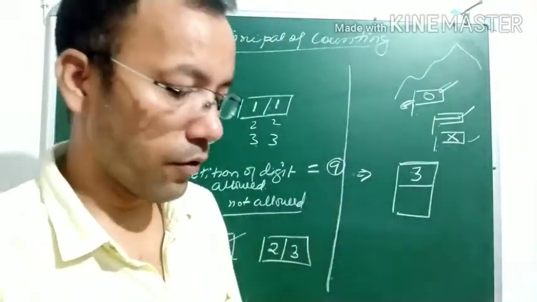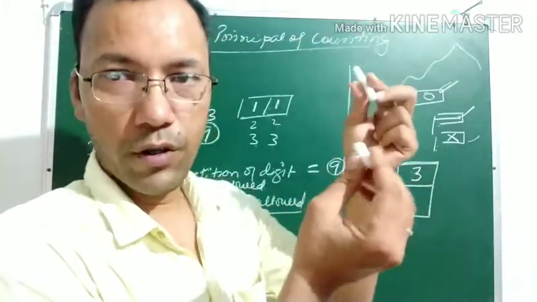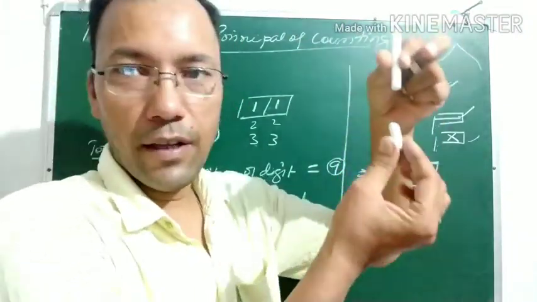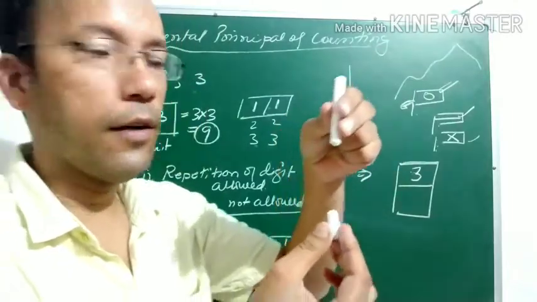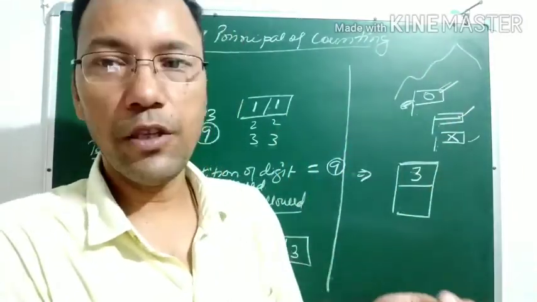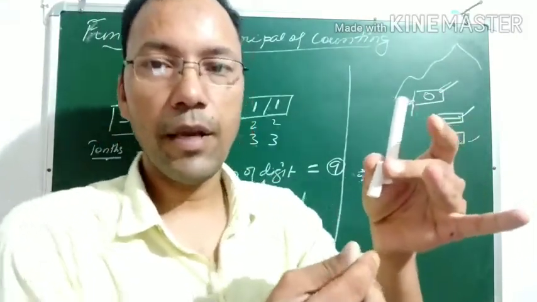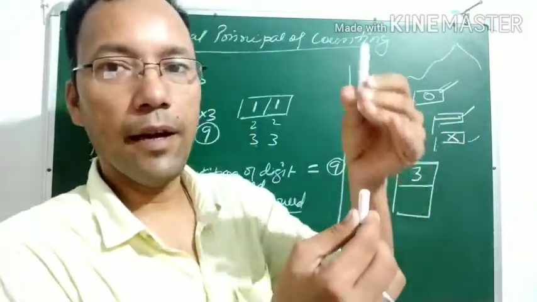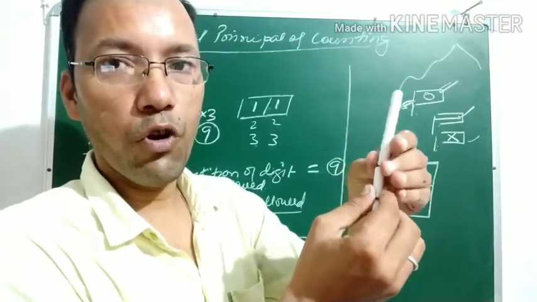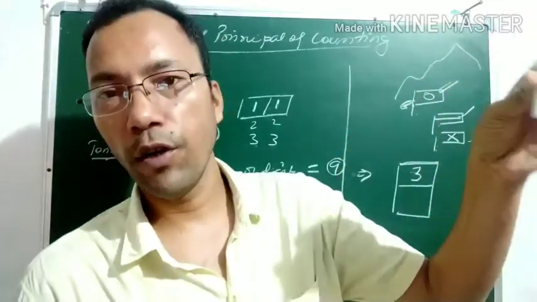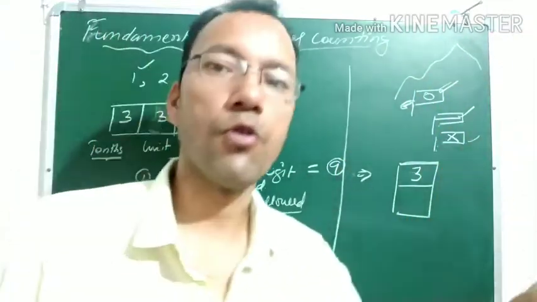Like this, we have to show these 2 chalks. I have 3 chalks of different lengths, and the message, the signal, is conveyed by at least 2 flags. We have to show this to the students, whether they are understanding the concept or not.